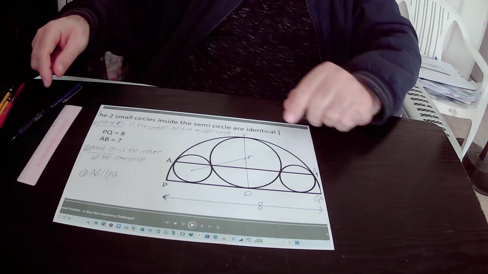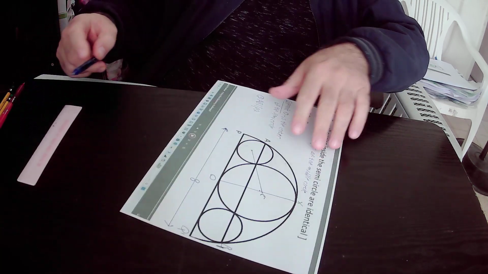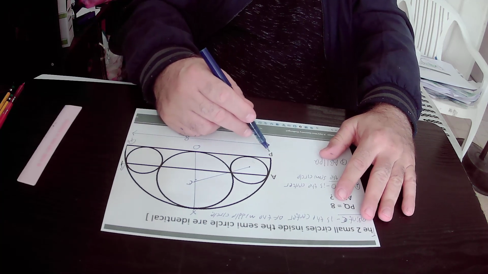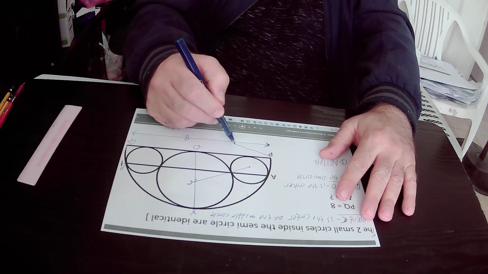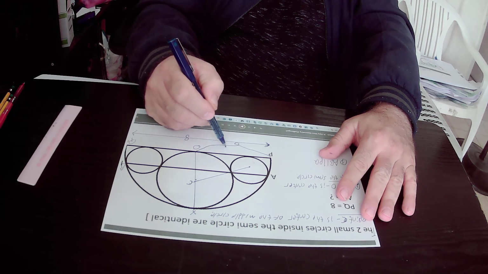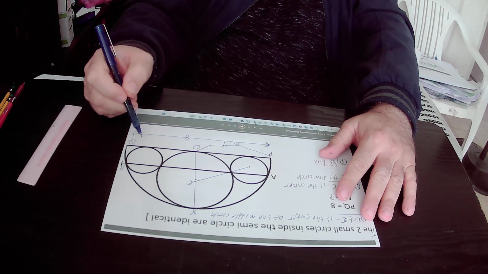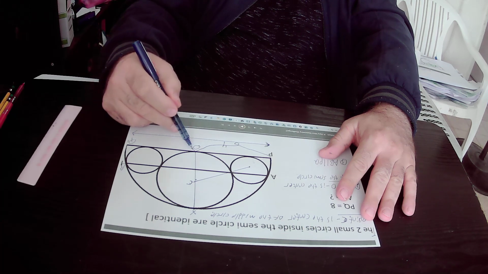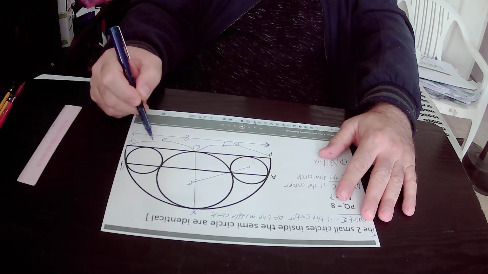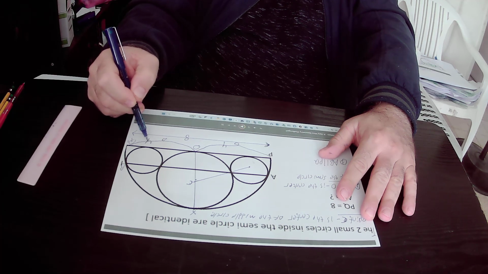That is to say, PO, that is the radius of this semicircle, will be equal to 4 units. And OQ will also be equal to 4 units, that is the radius of the semicircle.